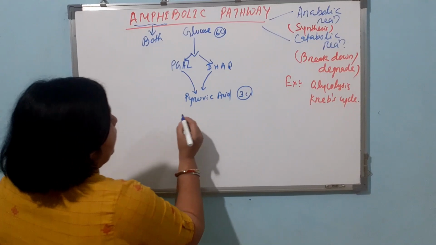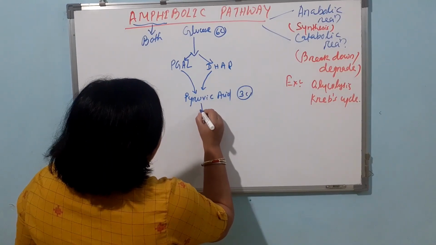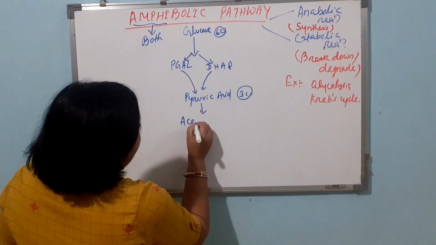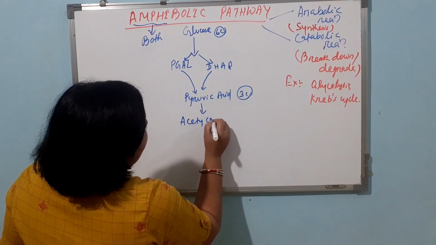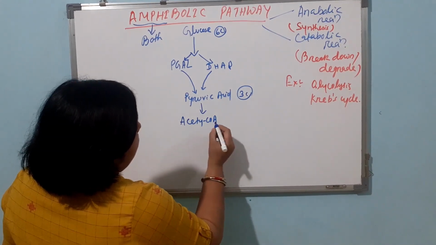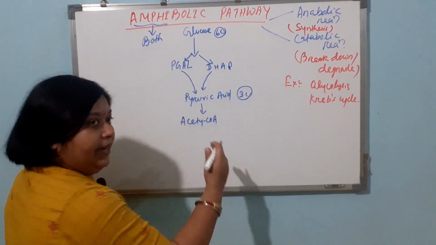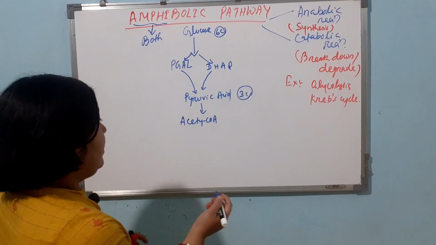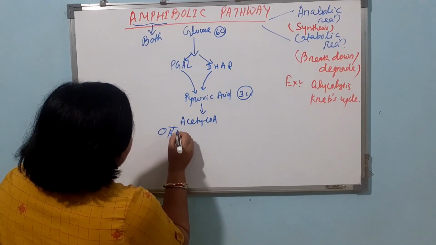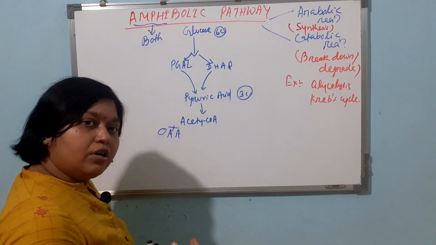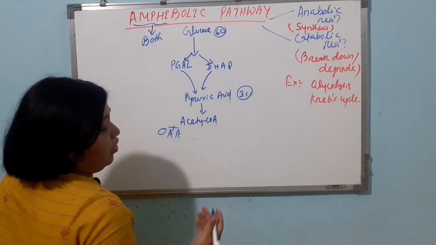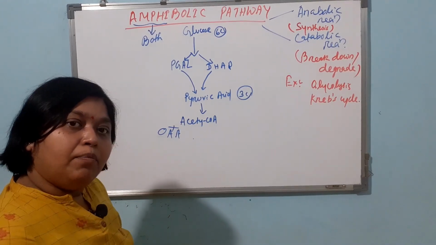After that, this pyruvic acid is converting into acetyl coenzyme A. And it is entering into the Krebs cycle by combining with oxaloacetic acid, which is the end product of the Krebs cycle. And this Krebs cycle occurs in the matrix part of the mitochondria.